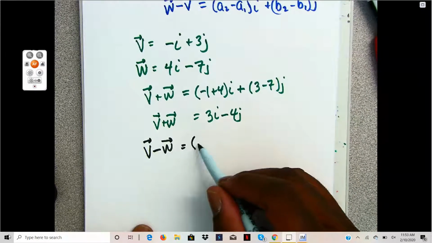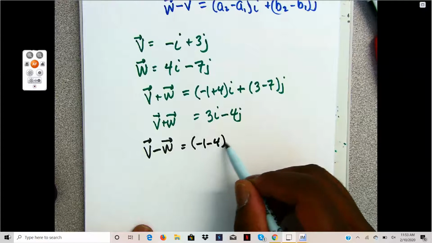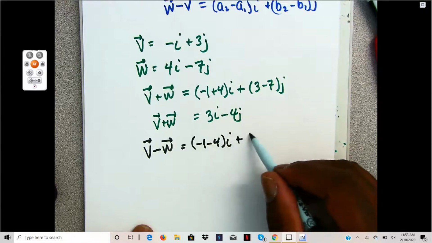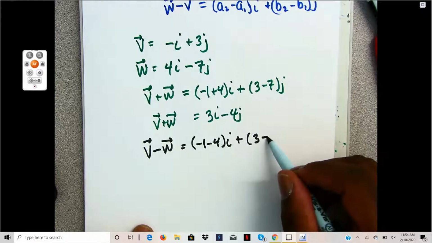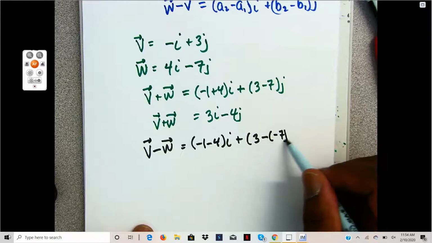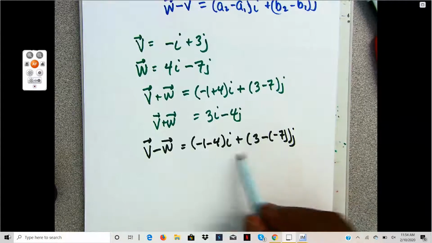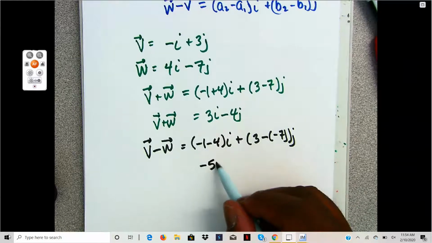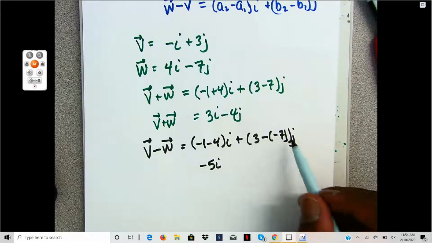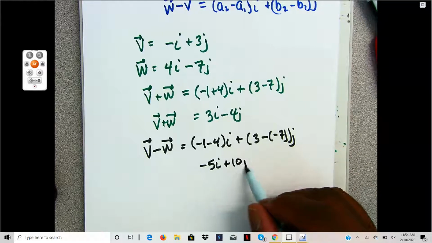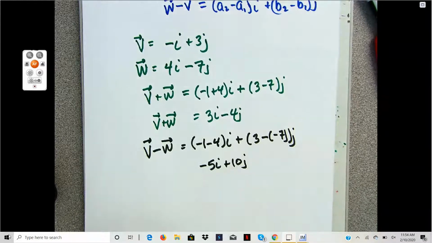That's going to be negative 1 minus 4 i plus 3 minus a negative 7 j. So that gives us negative 5i. 3 minus a negative 7 will be plus 10j, and that's our solution.